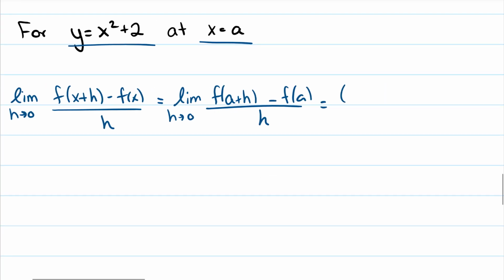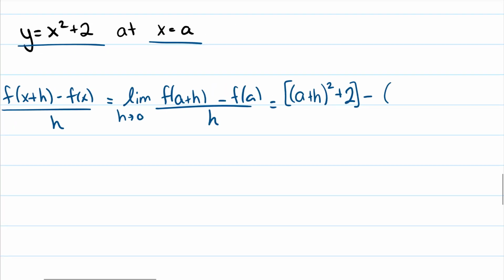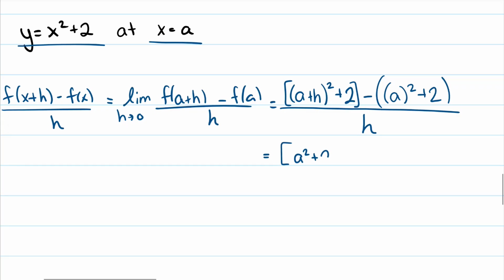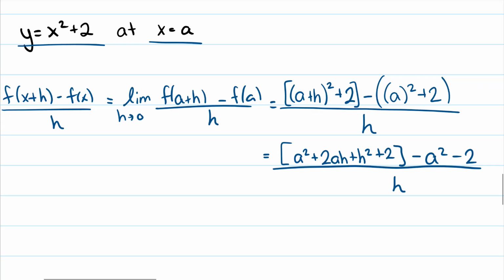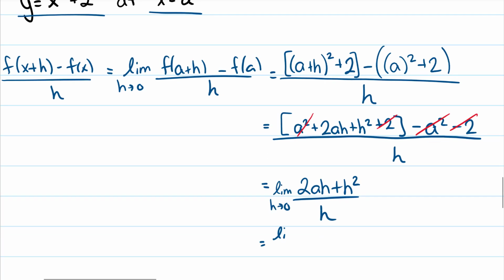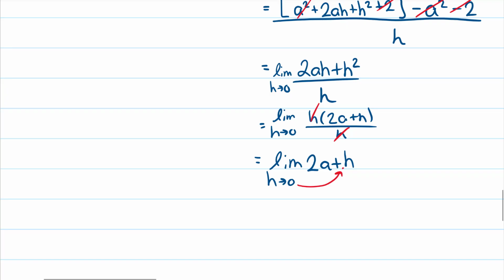So this is going to be (a plus h) squared plus 2 minus (a squared plus 2), all divided by h. So now I'll have to do some arithmetic. And so we get the answer is 2a.